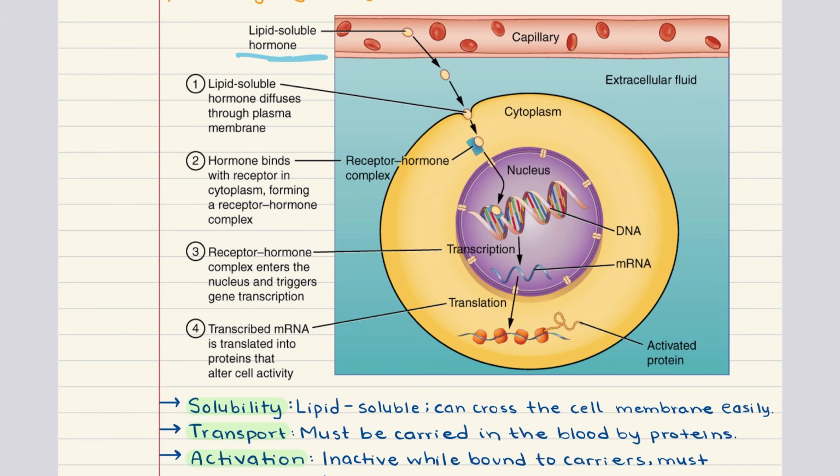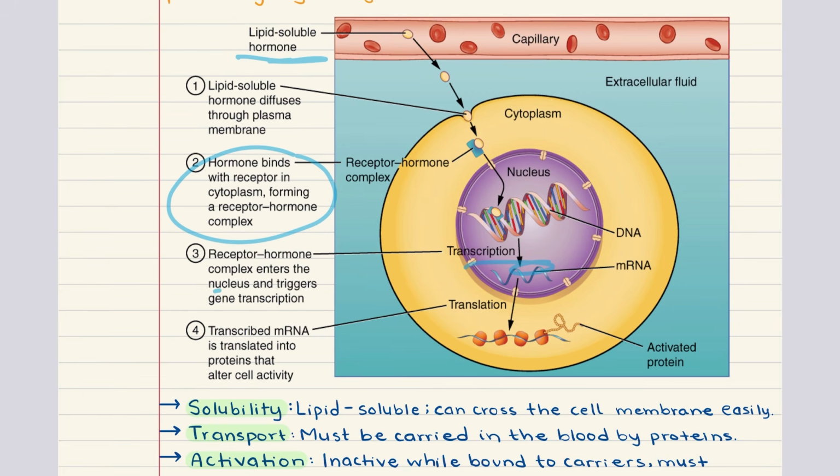But once they're inside the cell, steroid hormones are going to bind to intracellular receptors, which may be located in the cytoplasm or directly in the nucleus. After binding, the hormone and receptor together form a hormone receptor complex, which then moves into the nucleus if it wasn't already there.